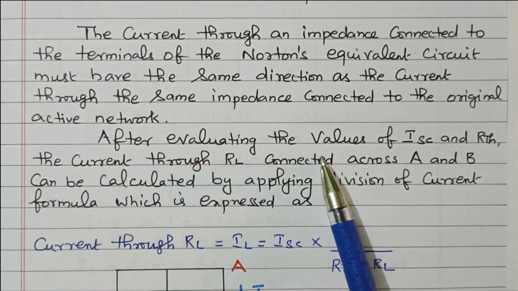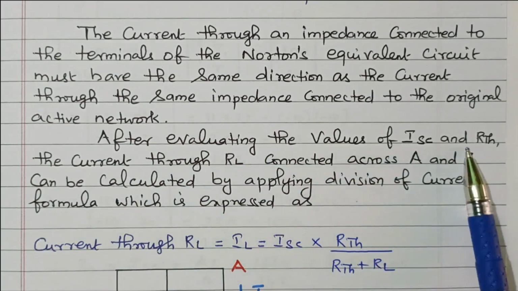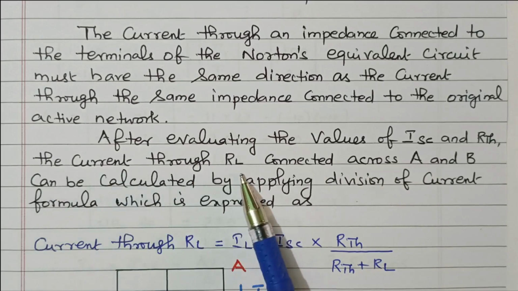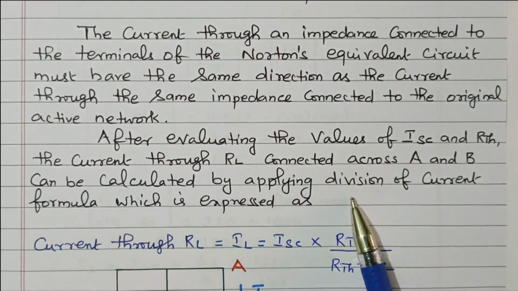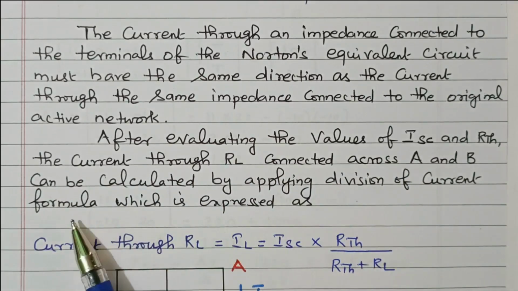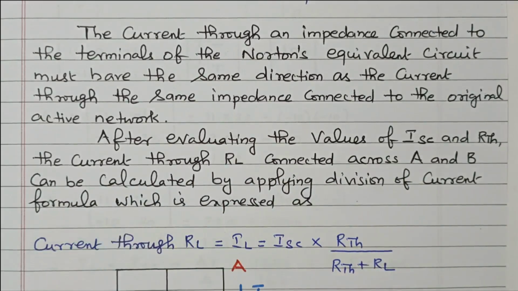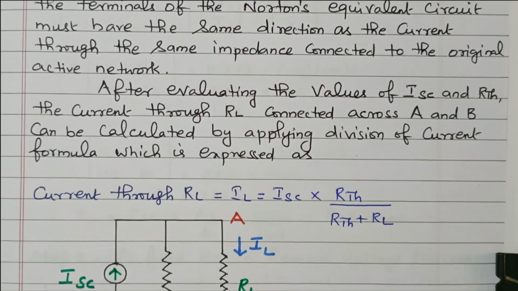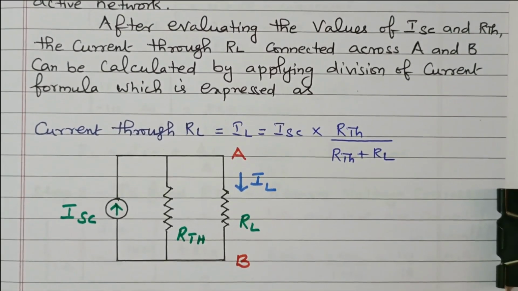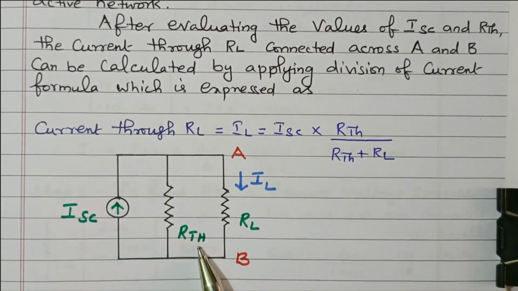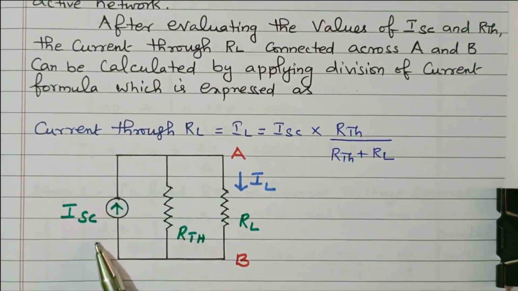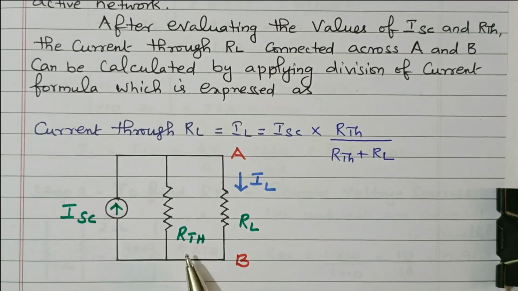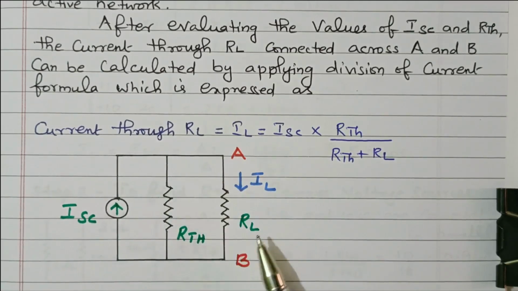After evaluating the values of ISC and RTH, the current through the RL connected across AB can be calculated by applying the current division rule as expressed below. So after finding the ISC and R Thevenin, we have this final circuit: the short circuit current source, Thevenin resistance and the load terminal AB.